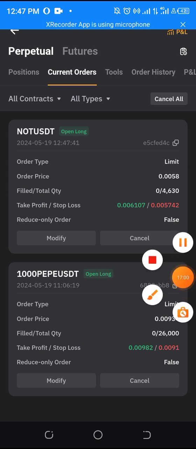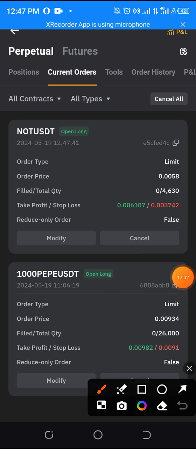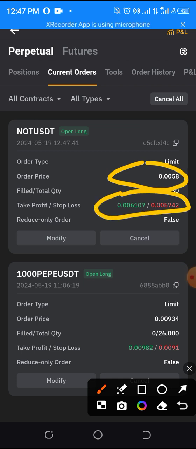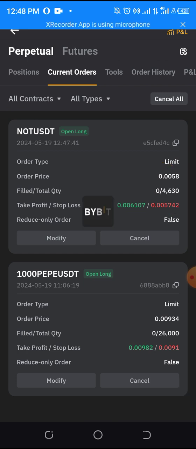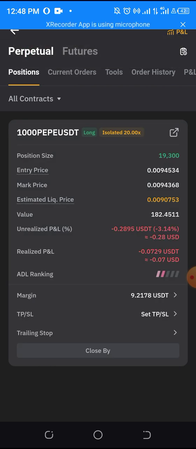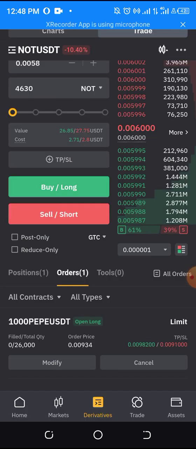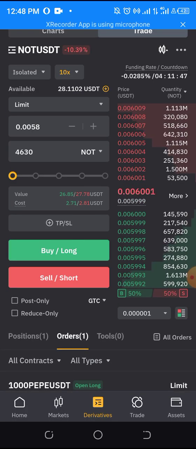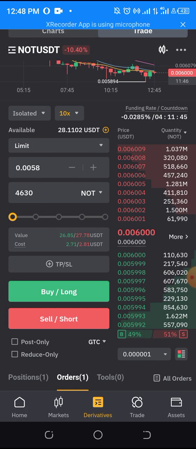This is my limit order. This is my limit order price. This is my target profit and loss. All right, so that is it. I'm going to be canceling this because I've not done my analysis on this. I don't want to take that trade. So let's go back. That's how to place your trades.